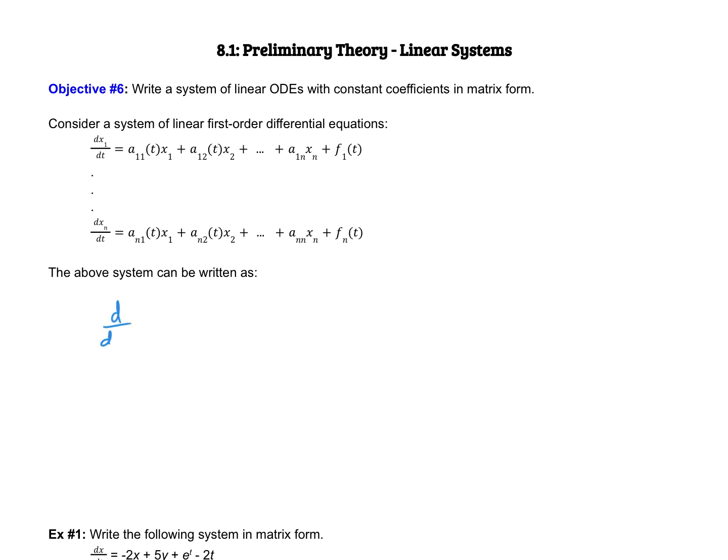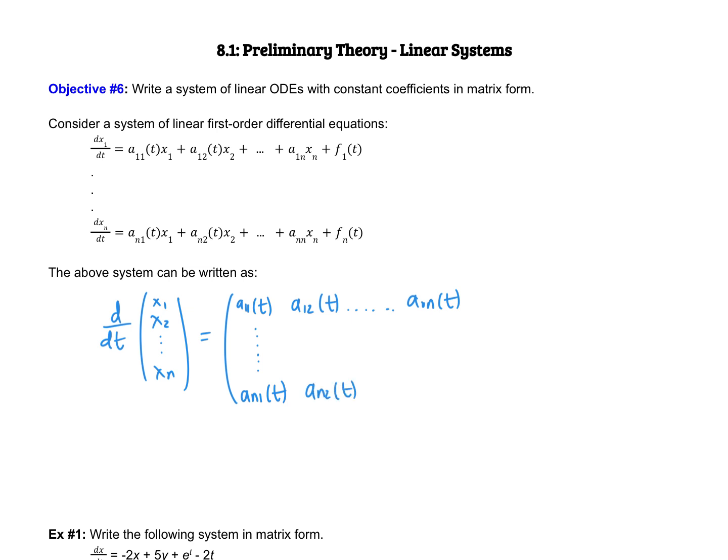We are taking the derivative of the column matrix x1, x2, all the way to xn. And we're going to have a coefficient matrix. So we have a11 of t, we have a12 of t, and so on, all the way to a1n of t. And this goes all the way down to an1 of t, an2 of t, all the way to ann of t.